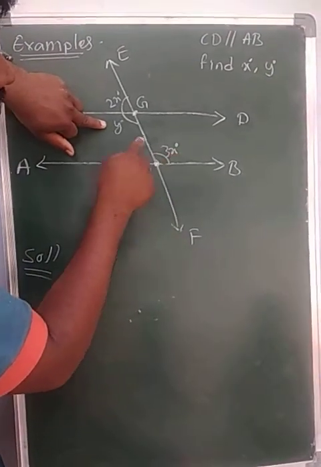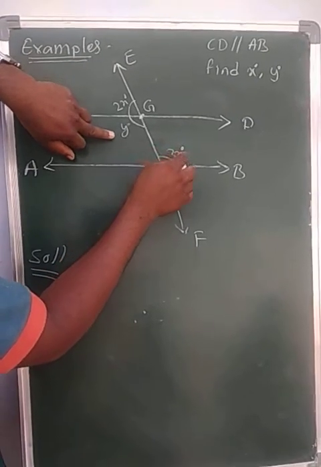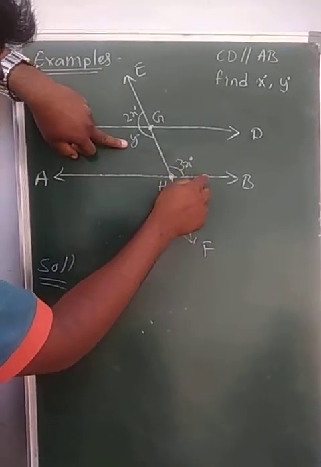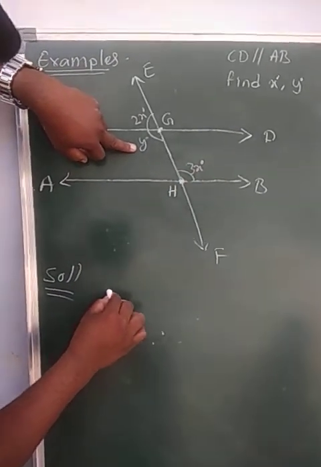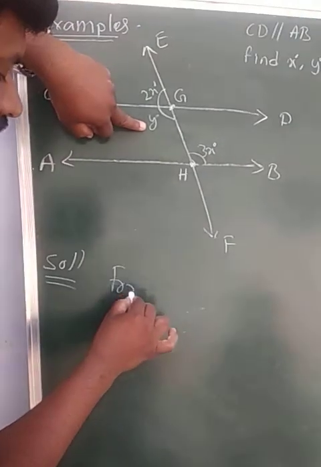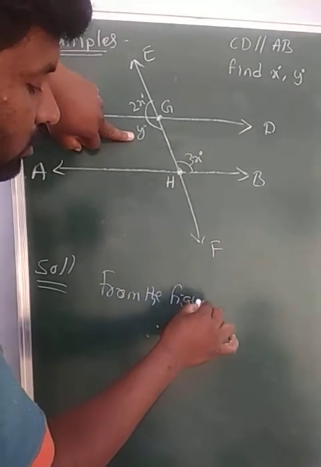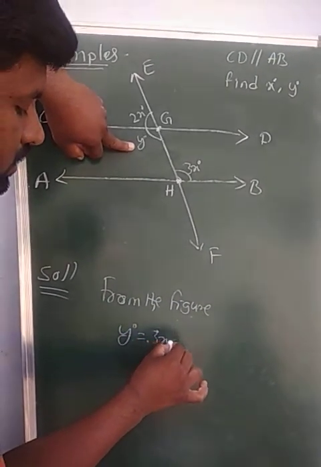What are these two angles? Interior angles, first of all. Interior angles, but alternate. Yes, alternate interior angles are equal. So we can write here, from the figure, y degrees is equal to 3x degrees.